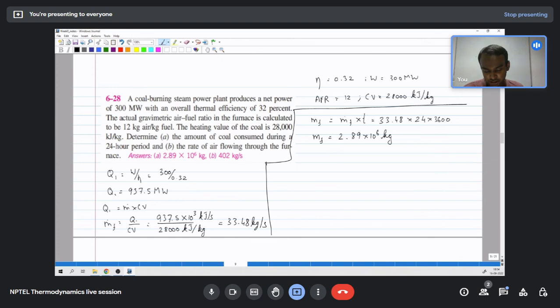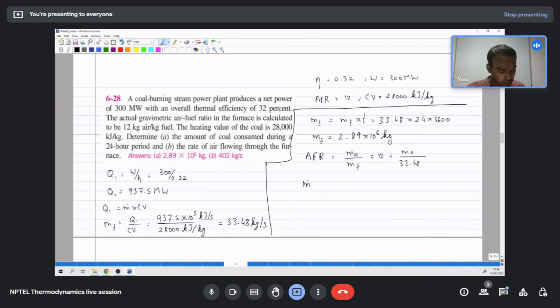Now we need to calculate the air flowing through the furnace. We know the air fuel ratio, which is 12. AFR is m dot A by m dot F, which is 12, and m dot F is 33.48.